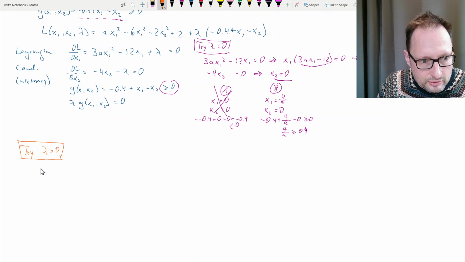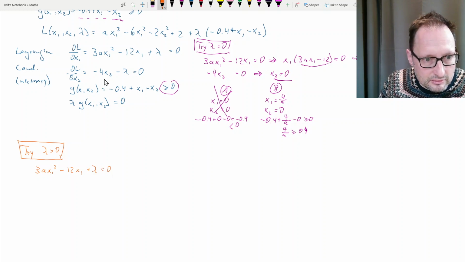So they are now 3a x1 squared minus 12x1 plus lambda is equal to 0. Then we're getting this one here. So we're getting negative 4x2 minus lambda is equal to 0.